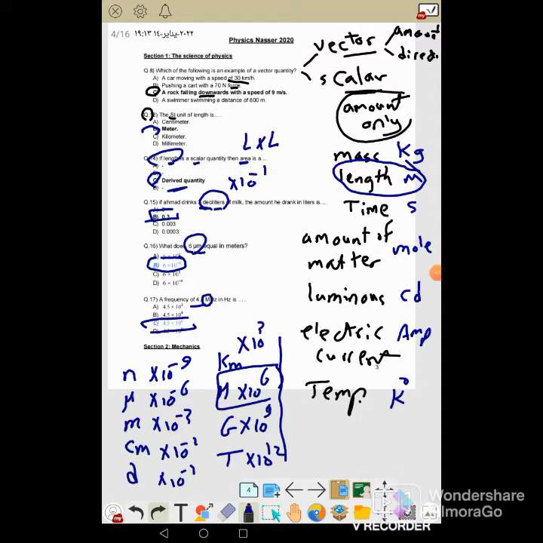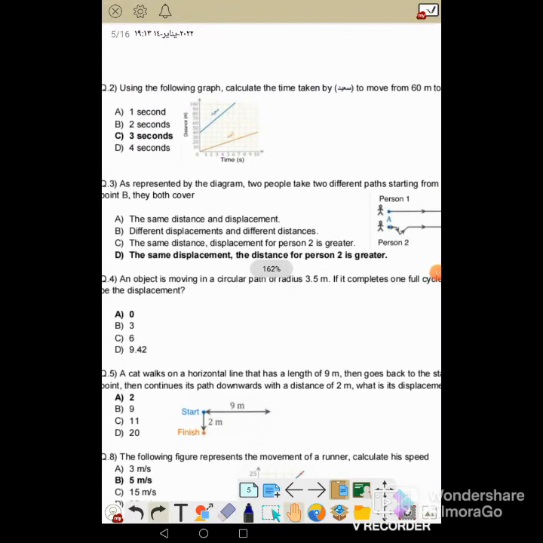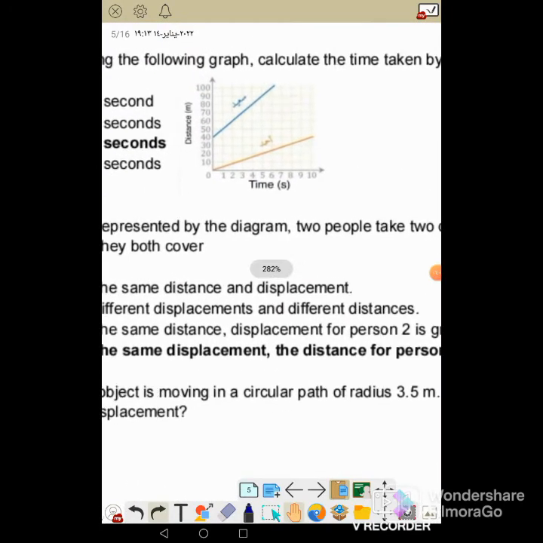Second section, mechanics. Using the following graph, calculate the time taken by Said to move from 60 to 90. Go to Said and determine the time at 60. Go to 60 meter and draw the line and determine the corresponding time.